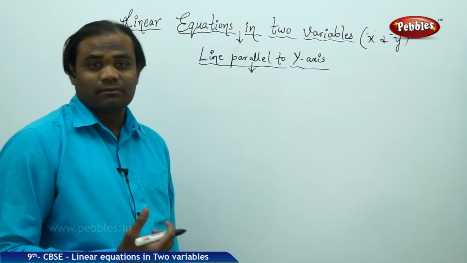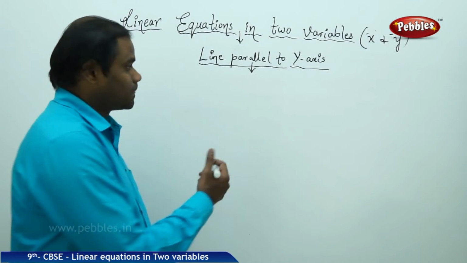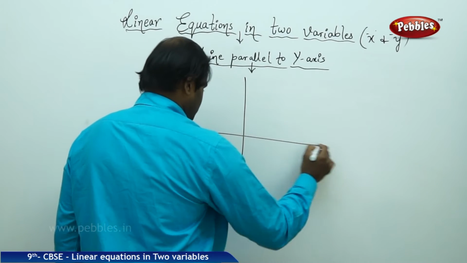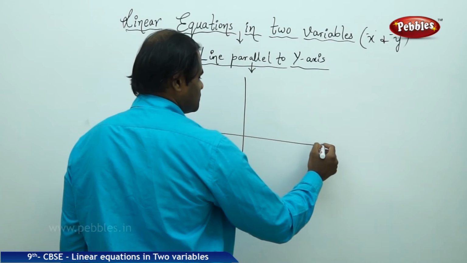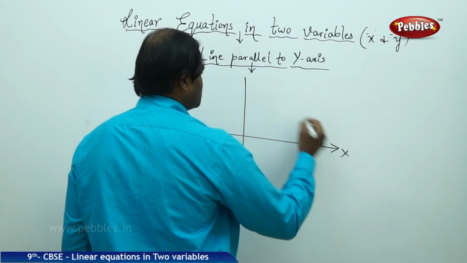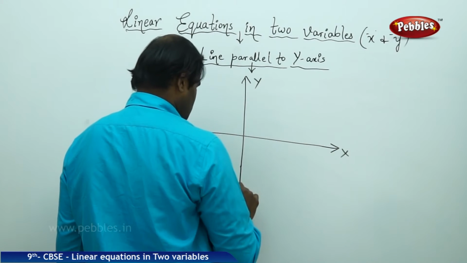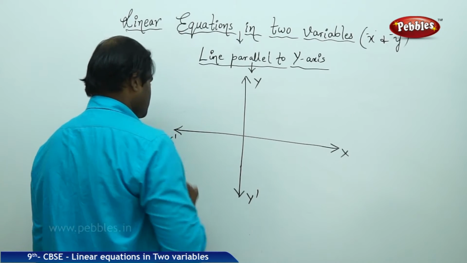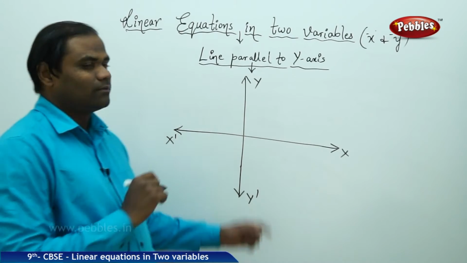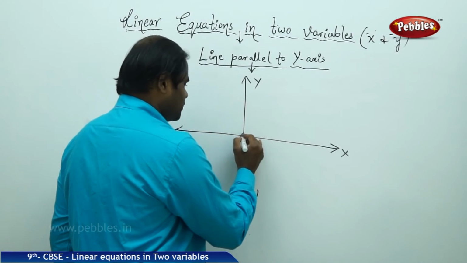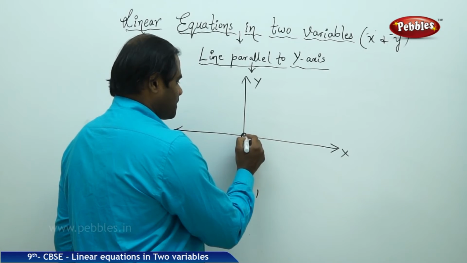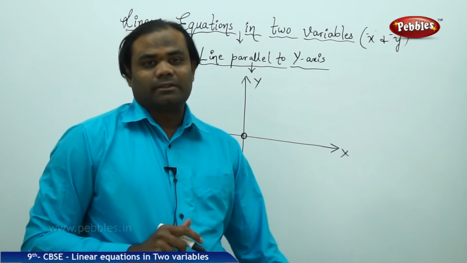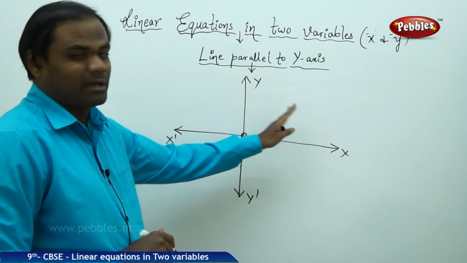Let's start this with the Cartesian plane. The Cartesian plane, which is x, x dash and y, y dash, intersecting at origin, and then let's take a line which is parallel to y-axis.